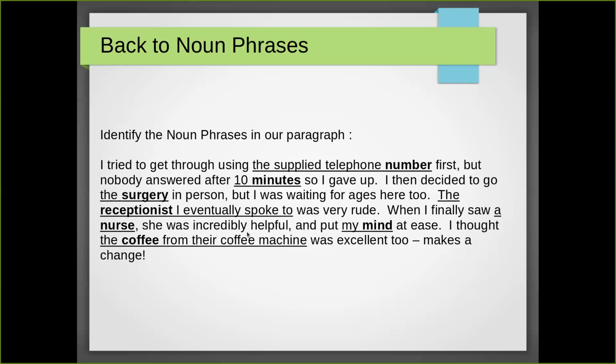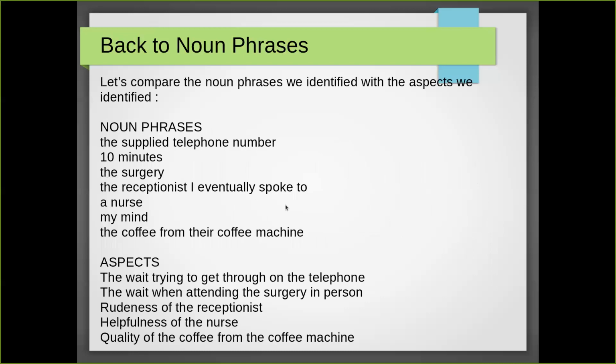That does go back to the point, though, that there are other nouns here, and so we have to be very careful when we're training a machine that it doesn't pick this up as being the head noun instead. So let's compare the noun phrases we identified with the aspects we identified. So we've got these as our noun phrases, and we've got these as our aspects. And actually, it's not a bad match.